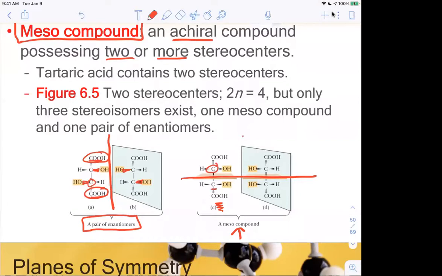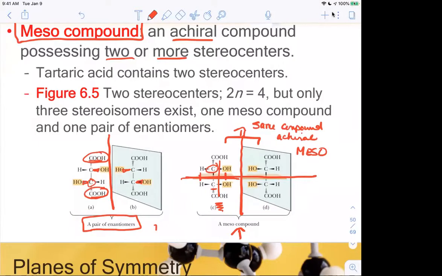Even though I can draw the mirror image, because this has an internal plane of symmetry, these are actually the same compound. So it's achiral, and it's called meso.